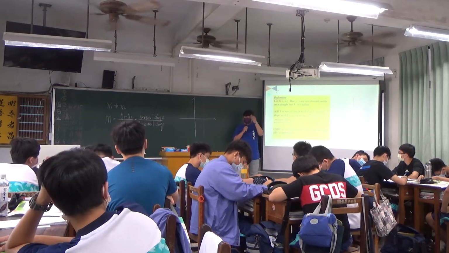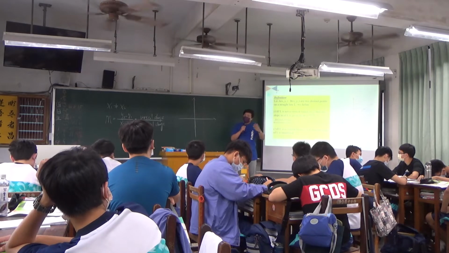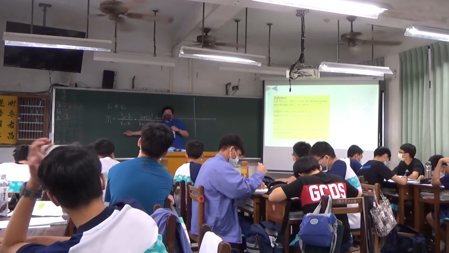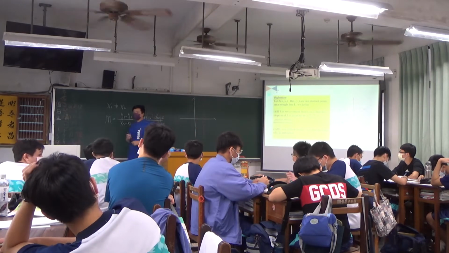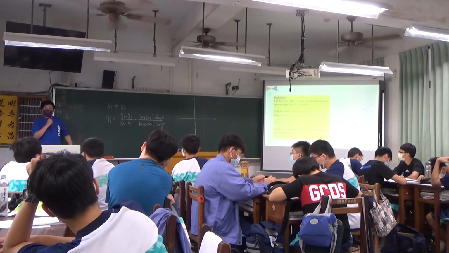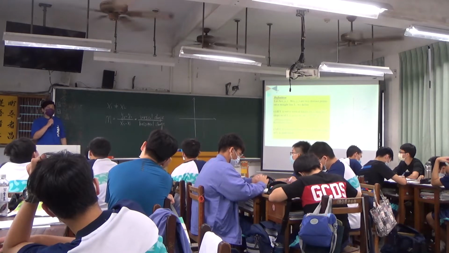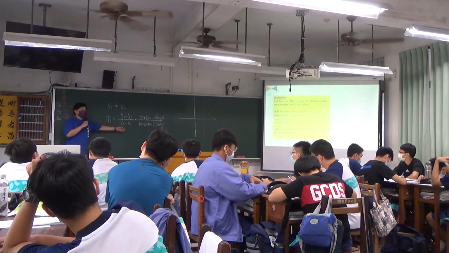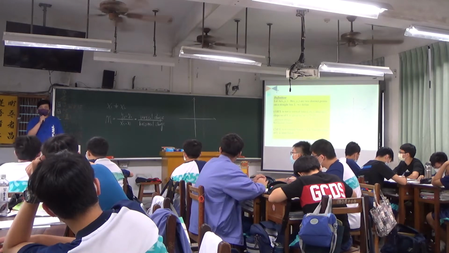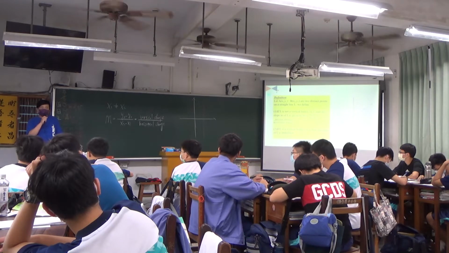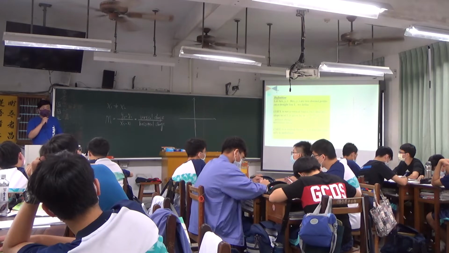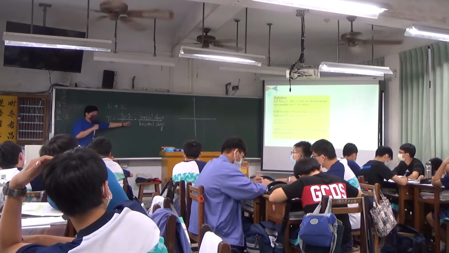Now it's the question. If x1 is equal to x2, we see the definition here. What happens? Can you tell me what happens in this definition? Which one becomes 0? The denominator, right? The denominator becomes 0.